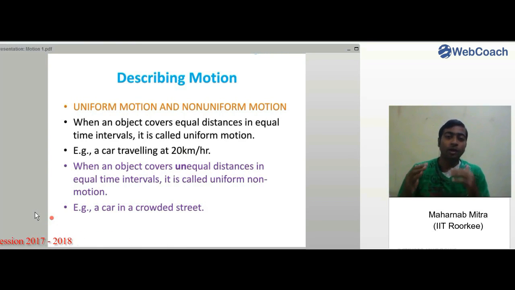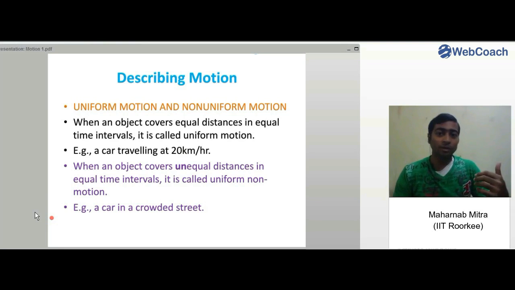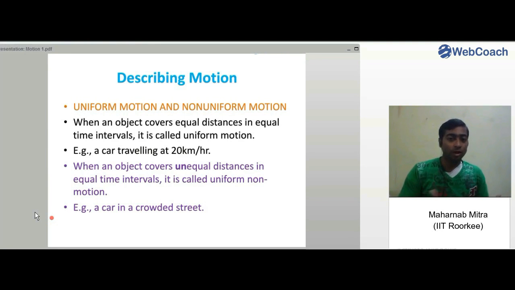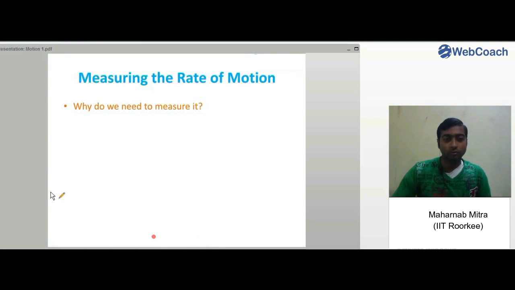So that is why a car has to stop quite often, and it allows the car to speed up sometimes and then slow down the next time, right? First it speeds up, then it slows down, again it speeds up, again slows down. This is called non-uniform motion, right? Speeding up, slowing down continues, and speed is not uniform. Therefore we call this motion non-uniform motion.